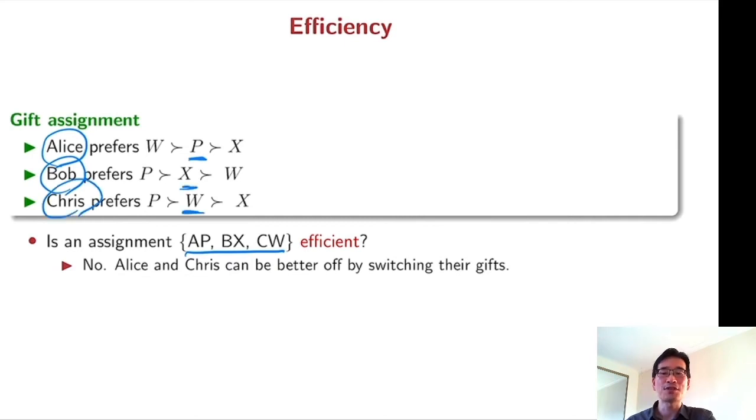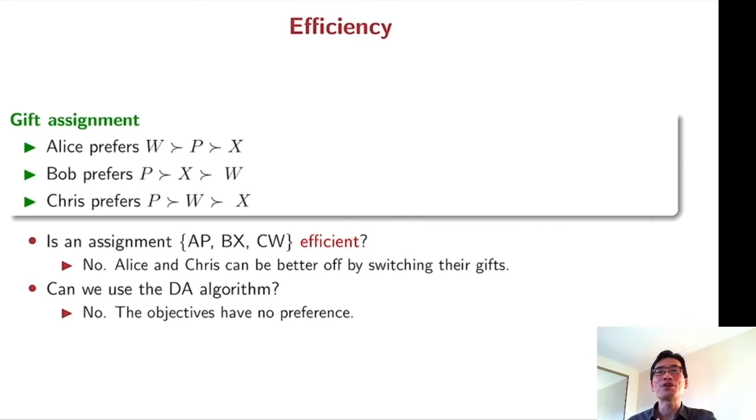This is not efficient because Alice and Chris can be better off by switching their gifts. Alice can be better off by taking W and Chris can be better off by taking P. So they switch their gifts, and then they are better off. So this assignment is not efficient.